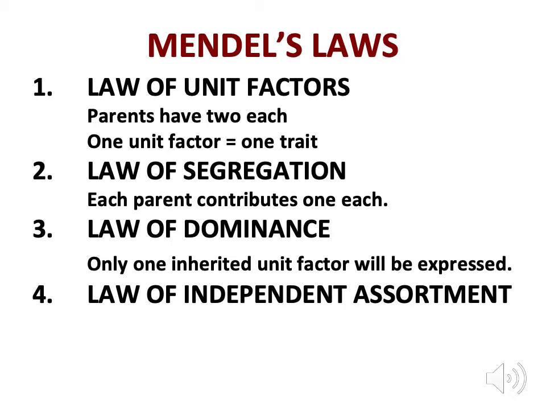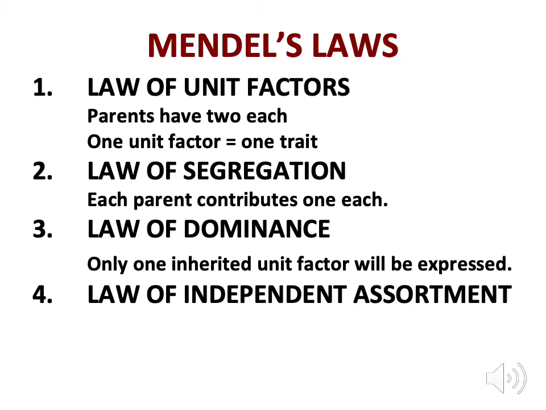So when he took a look at his garden peas, he recognized that if an individual inherited two unit factors, one from one parent and one from the other, of those two inherited unit factors, only one of them is going to be expressed.